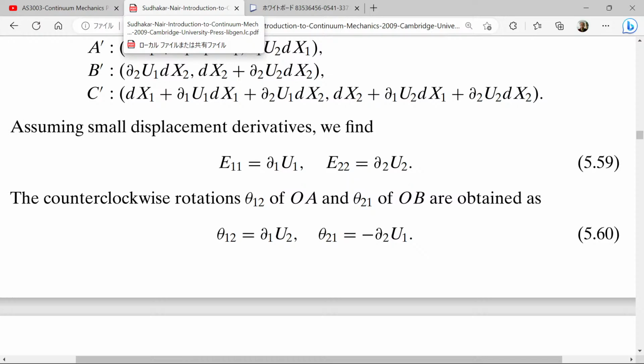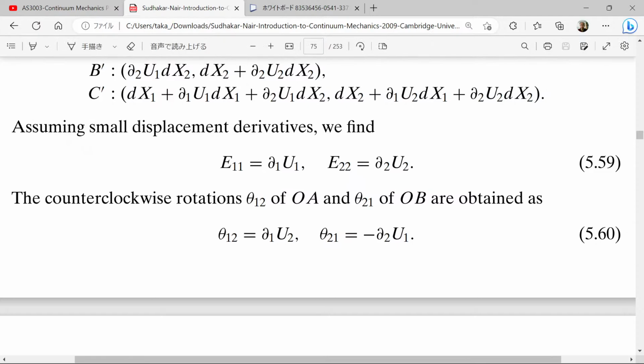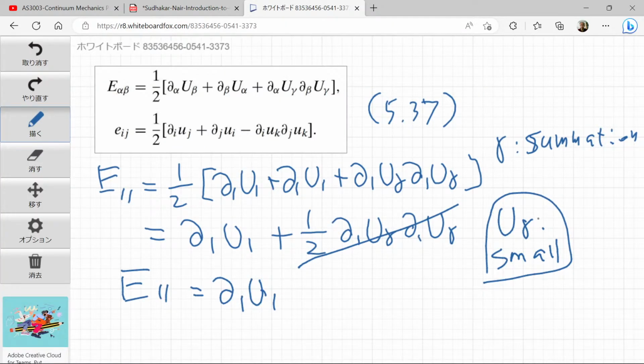Anyway, I think it's an interesting word. Small displacement derivatives. So we have this, and we can do the same. For E22, still you can neglect this term. So E22 is partial 2 U2.